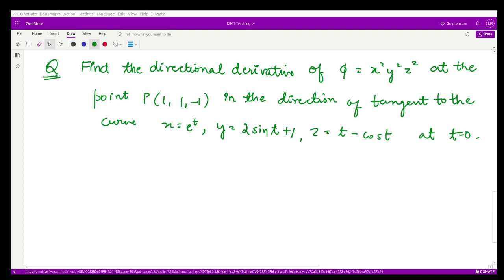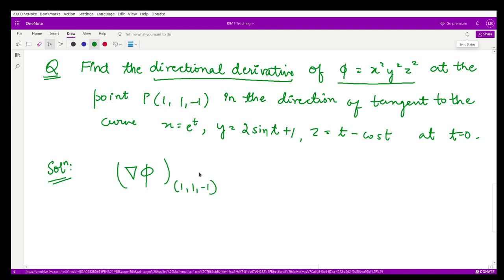Okay, so let's look at its solution. When we solve this, for calculating the directional derivative, we'll use this formula. Firstly, we'll compute the gradient of this function phi at the given point (1, 1, minus 1), and then take its dot product with the direction of the tangent to the given curve.